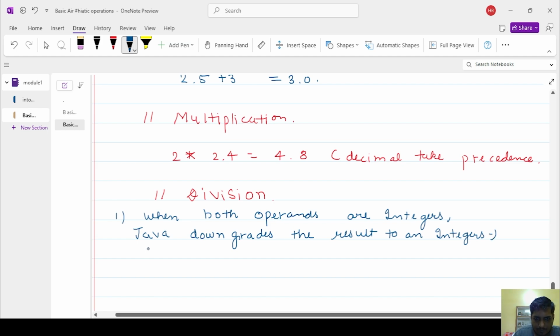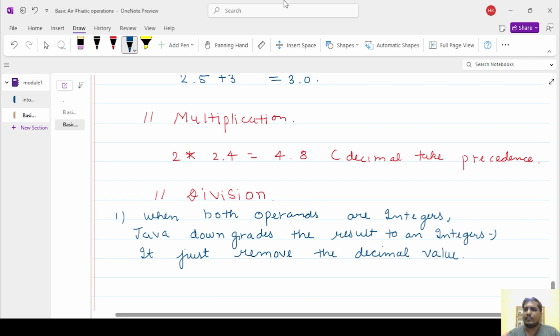It means it just removes the decimal value. Let's check this point.